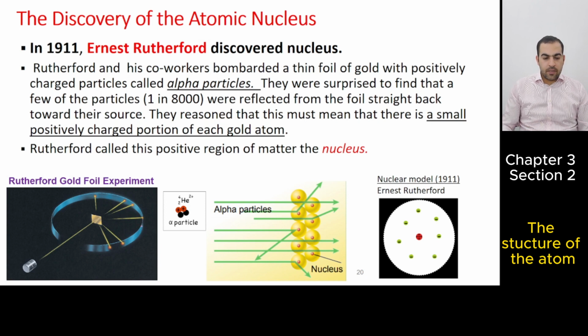Let's talk about how he did his experiment. It was called the gold foil experiment. He brought a very, very thin gold foil, 0.004 millimeter, and a source of alpha particles, and he bombarded the gold foil with alpha particles. Guys, look, the alpha particle is positively charged and is made of two protons and two neutrons.